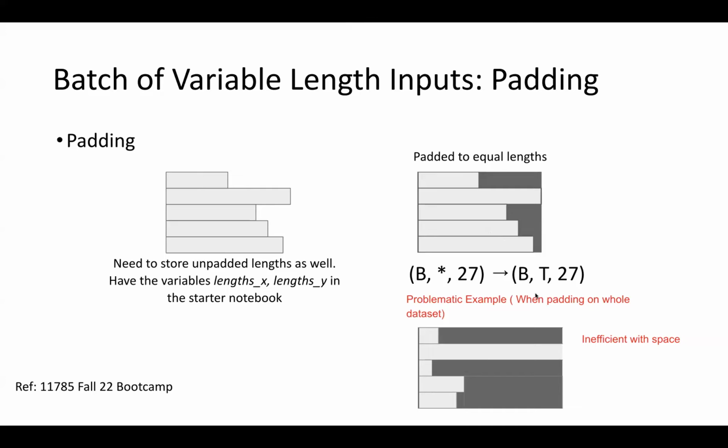Now, if we take the whole data set, get the sequence which has the maximum length, and pad all other input sequences to that maximum length, then we would have cases like the one in the bottom right, where we are losing a lot of space, and this would be very inefficient in terms of space.